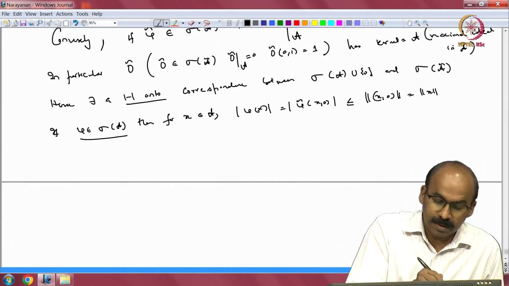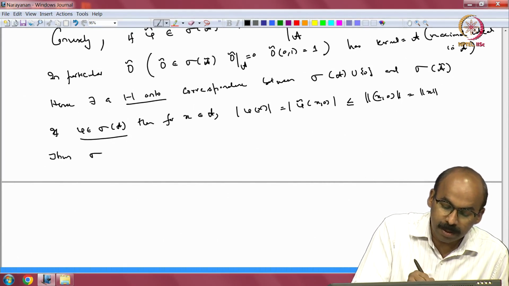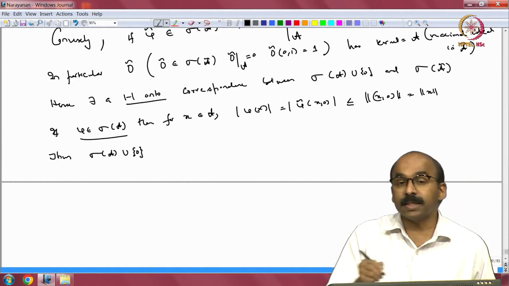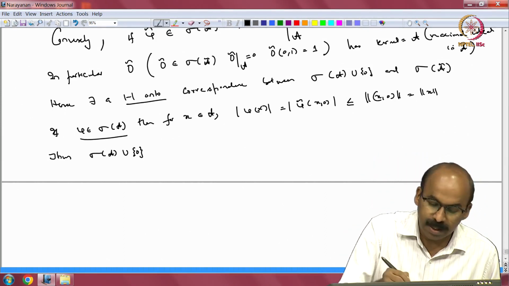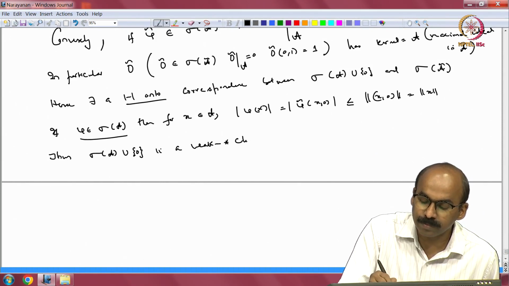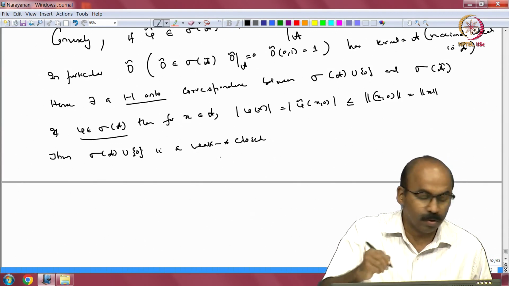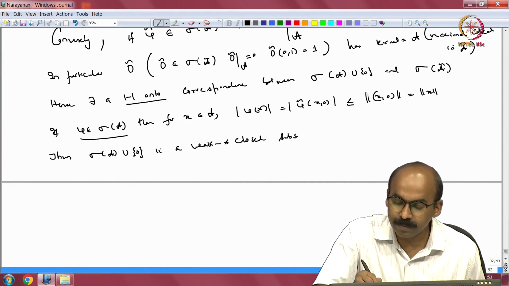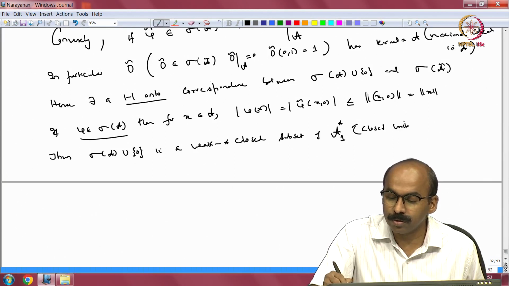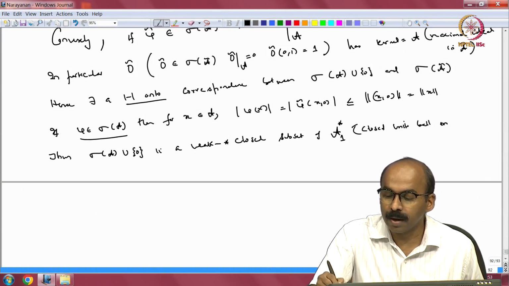Thus sigma A, just like what we did for the commutative case, except that now you have a 0 here, is a weak star closed subset of A1 star, the closed unit ball in A star.